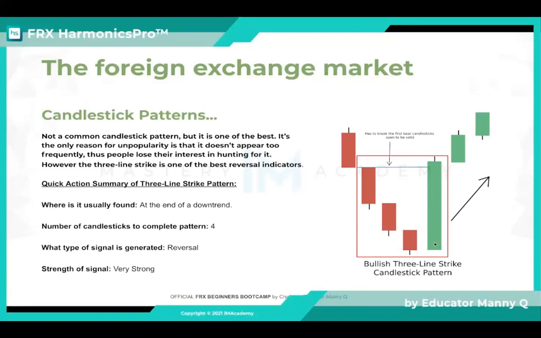The 3-line strike is where the bullish engulfing engulfs all of the 3 previous candles, and it closes above the high of the first of the 3 candles. So as you can see right over here, when you find something like this, ladies and gentlemen, you can ensure that this will be a great area to enter in the market as the market will continue to push in your direction.